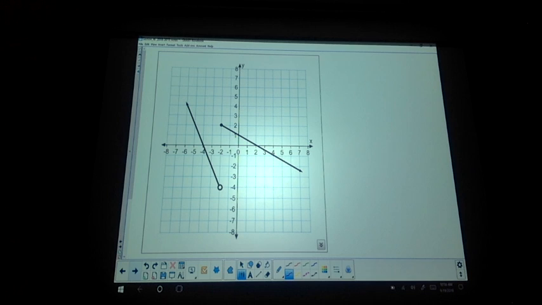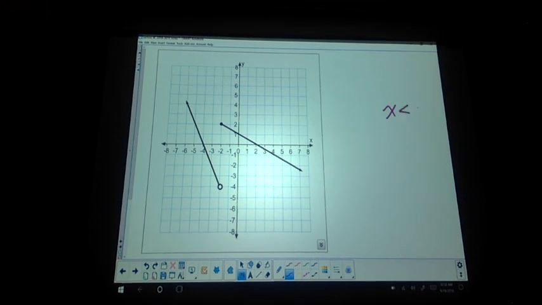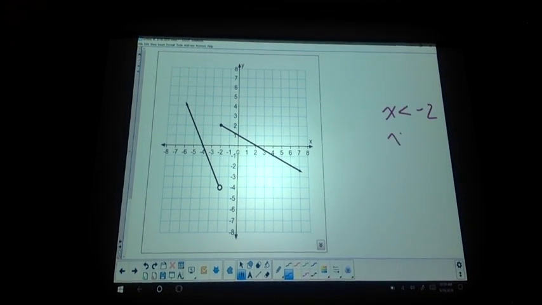All right. I have a restriction at -2. The top one will be the one on the left. It looks like I'm going to go less than -2. The top one I'm going to go greater than or equal to -2. So this one here will be our -2.